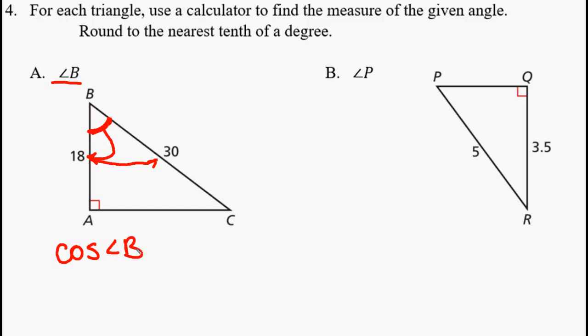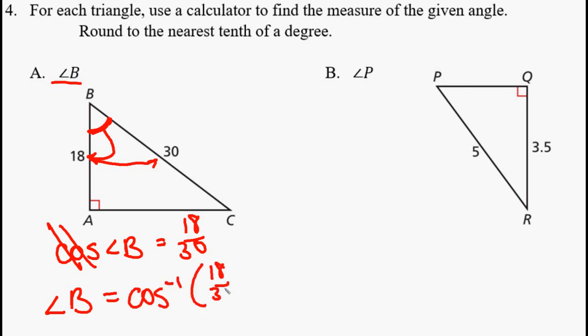The cos of angle B is equal to 18 divided by 30. So we're going to cos inverse both sides, and that will leave us with angle B is equal to the cos inverse of 18 divided by 30. We punch that in our calculator, and we get angle B is approximately 53.1 degrees.